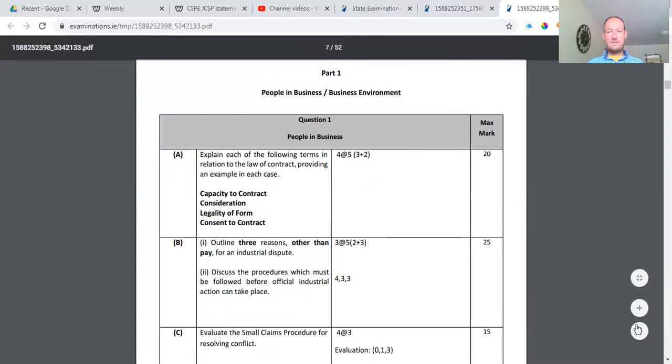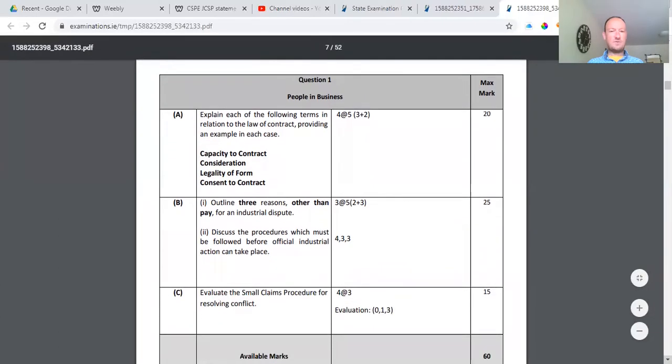Part B then of the same question, question 1, asks for 3 reasons other than pay for an industrial dispute. And again, you need to always look for how many marks are going for it. So obviously there's a lot more need to be written for this one because it's 25 marks. This one's only 15, this one's 20. And outline 3 reasons other than pay for an industrial dispute. So you have to come up with those 3 reasons. And if it says 3, you're obviously going to need 3.